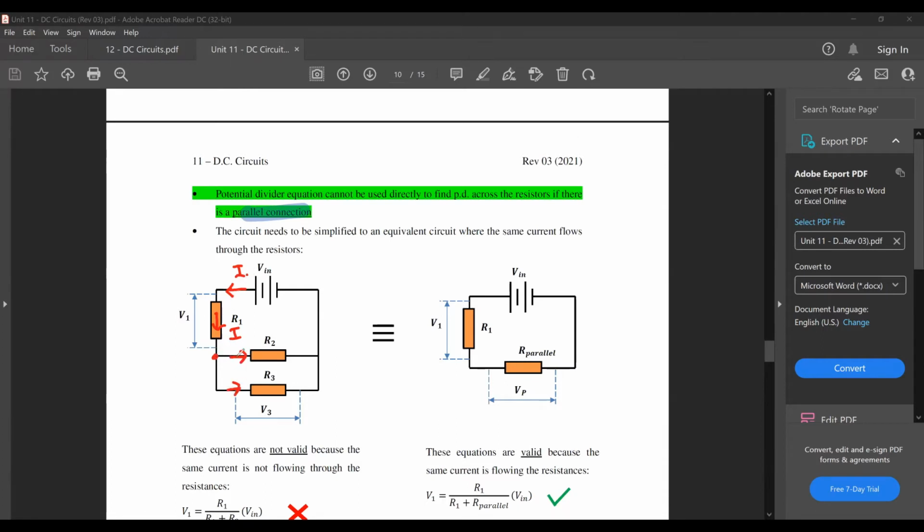Okay, now maybe I call this I1. It hits the junction, it splits out, it becomes I2, it becomes I3. So notice that all three of these resistors do not have the same current.